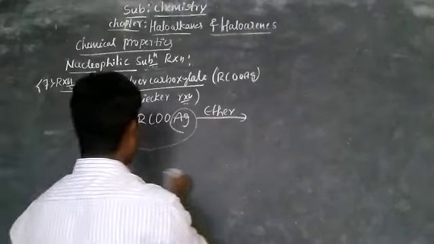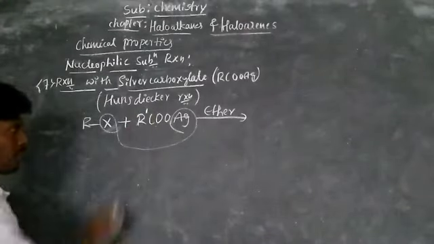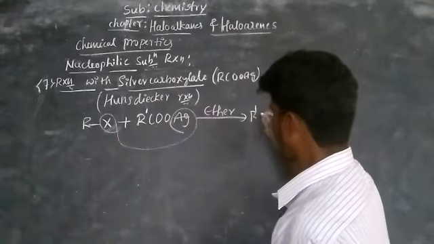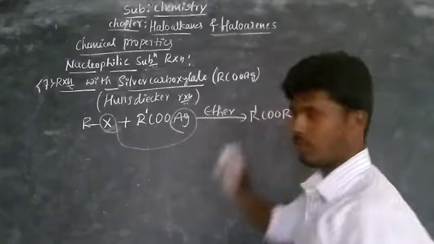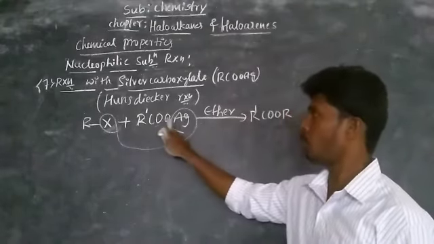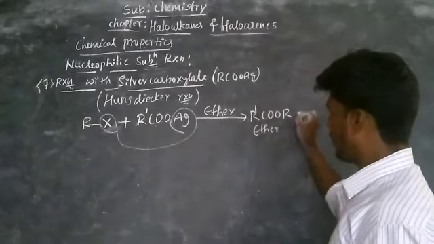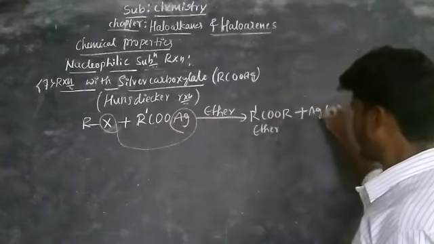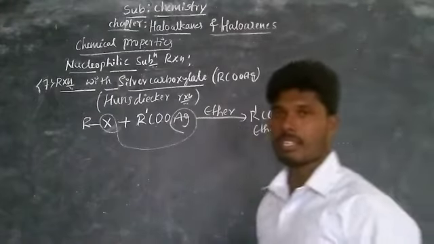So what you get is R'COOR, which is an ester, plus the remaining AgX. So this is called the reaction.